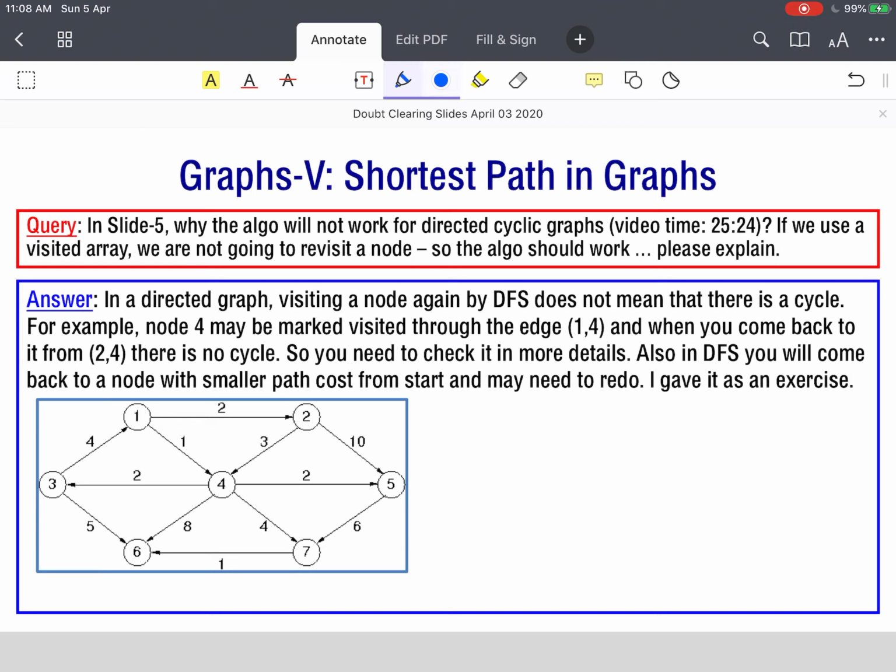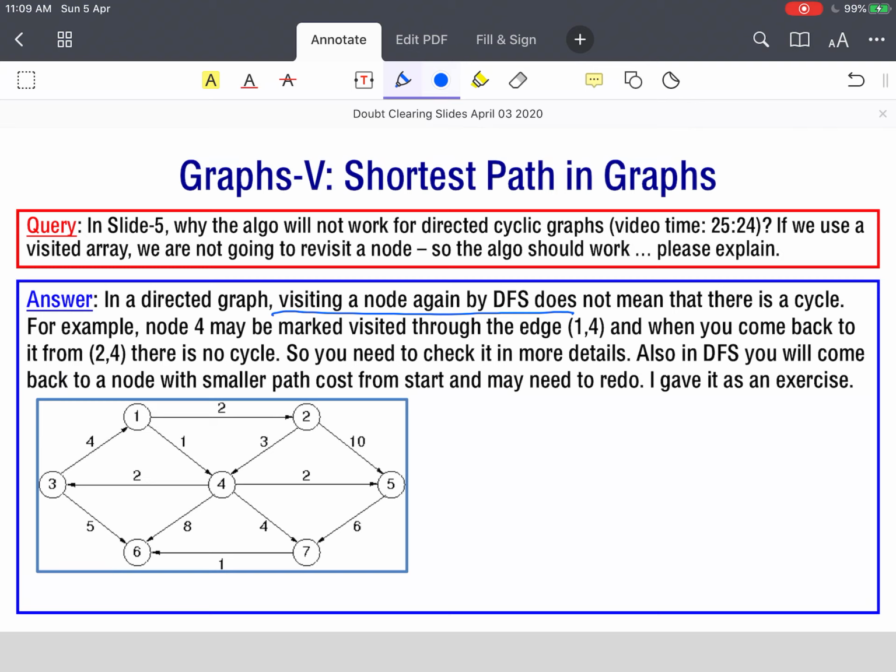The second is, why will the algorithm not work for directed cyclic graphs? In a directed cyclic graph, coming back to a node does not necessarily mean that there is a cycle.